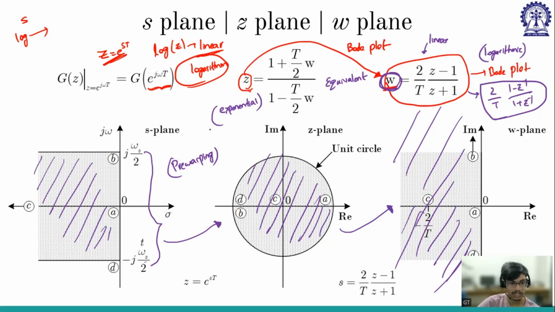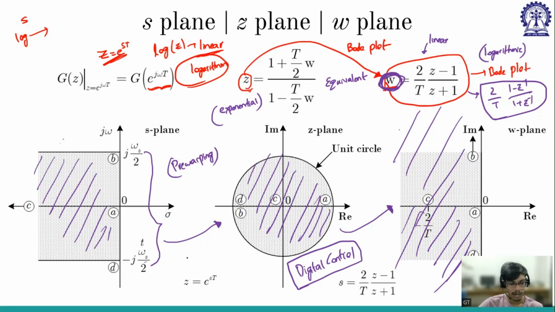And this is not equivalent to this, right? So that's why we name it with a different variable, w. But this is beyond the course, and will be discussed in the digital control course. If you need further details, visit any NPTEL course on digital control, or any digital control book. But let us not go into the details.